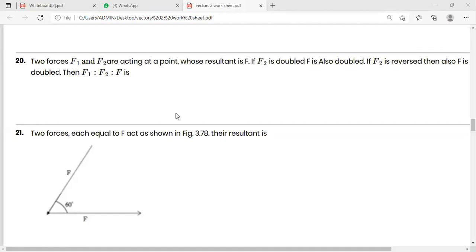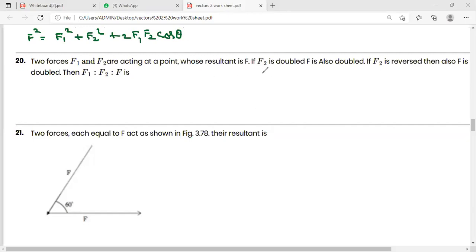Okay. First of all, according to the information given in the first, the resultant of two forces F1 and F2 is F only. So what we write here, first equation we can write that resultant square equals F1 square plus F2 square plus 2 F1 F2 cos theta.